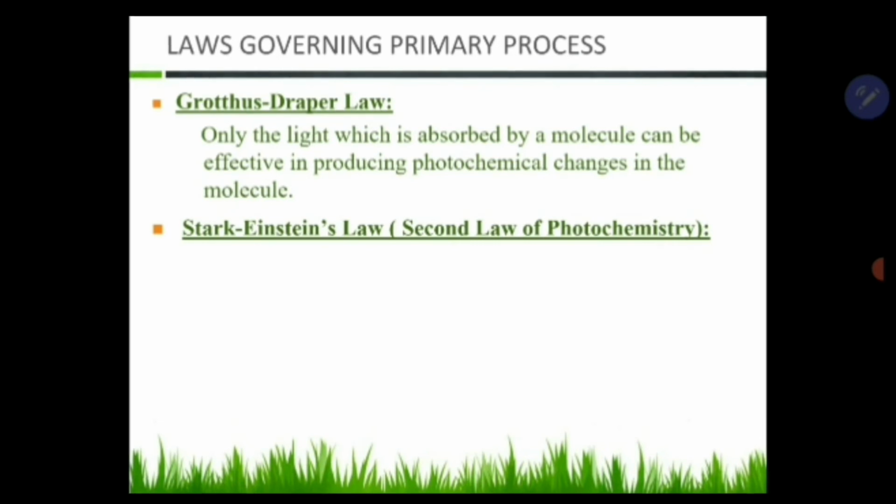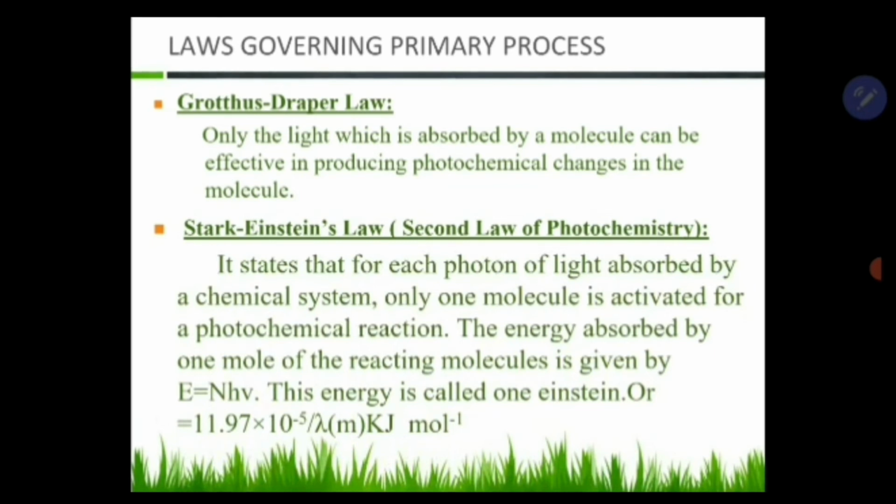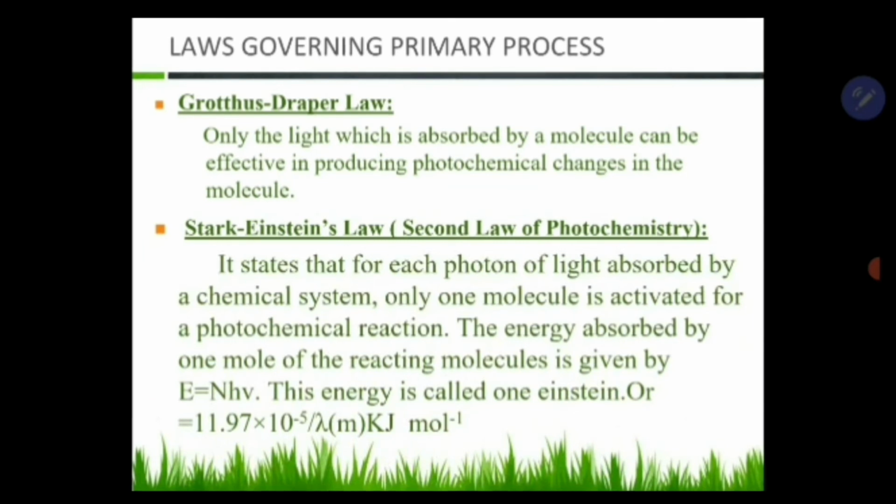Stark-Einstein's law, the quantified law, states that for each photon of light absorbed by a chemical system, only one molecule is activated for a photochemical reaction. The energy absorbed by 1 mole of reacting molecules is given by E = NA h nu. Means, if one photon is absorbed, one molecule will be activated.